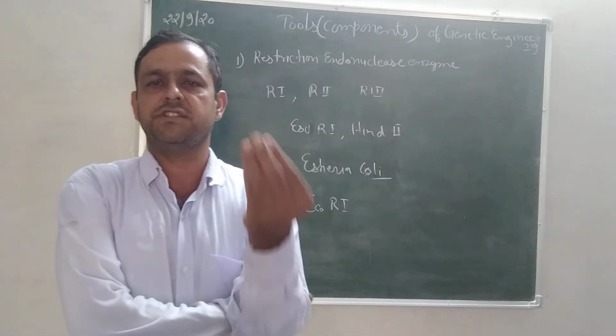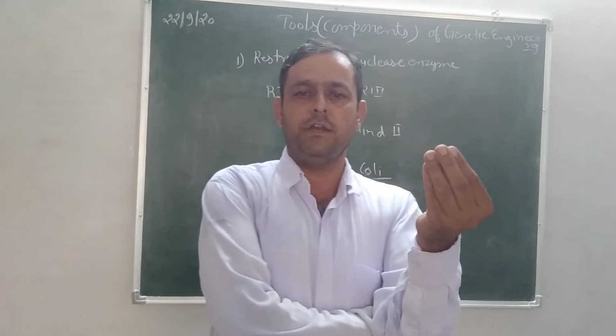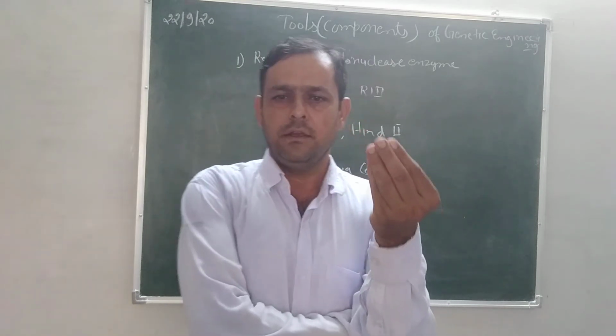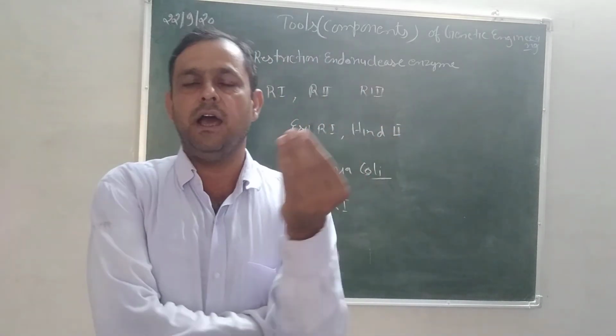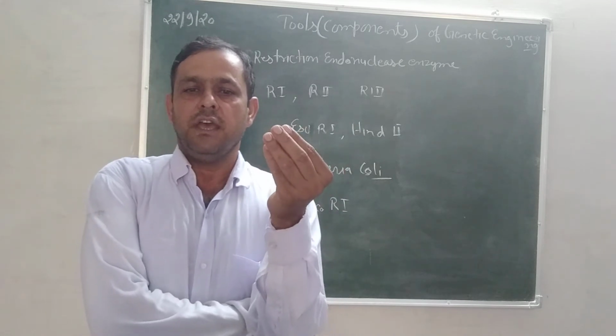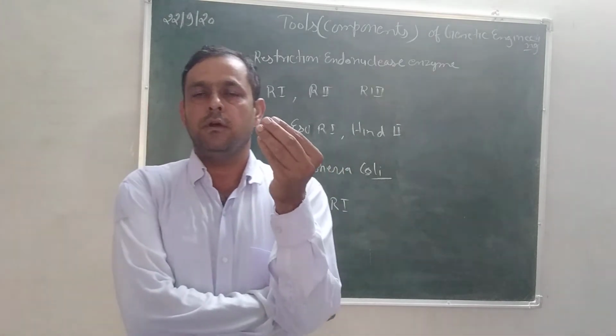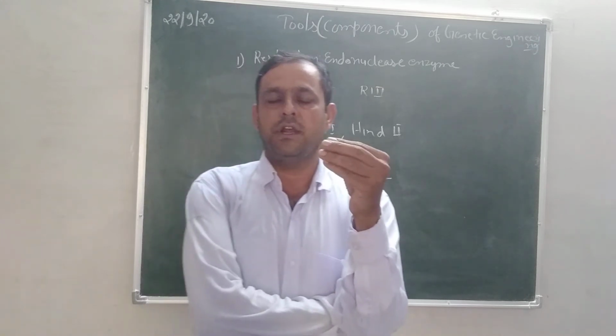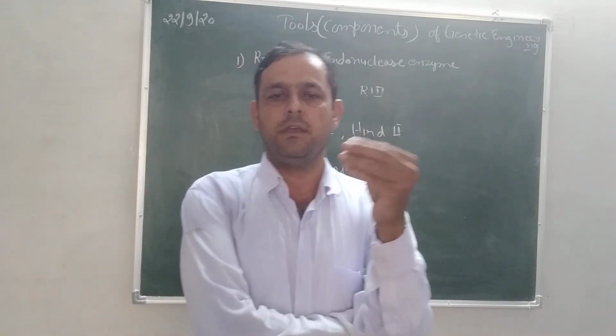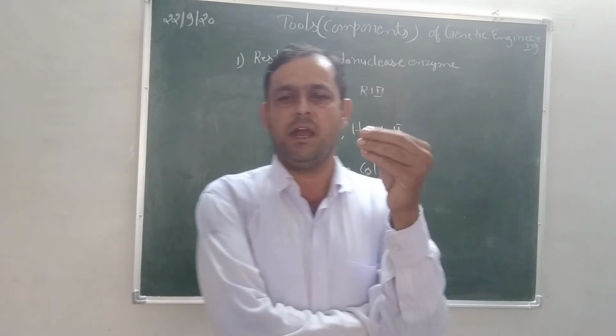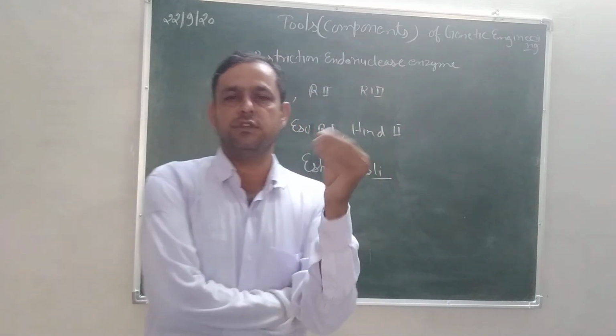If more than one restriction enzyme is obtained from one organism, then these are represented by Roman numbers. For example, from Escherichia coli we obtained one enzyme, EcoRI.